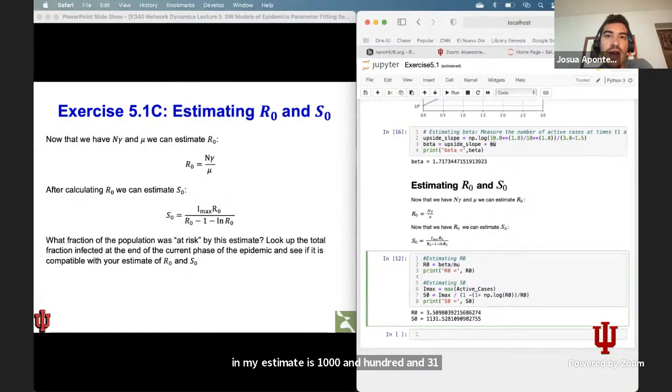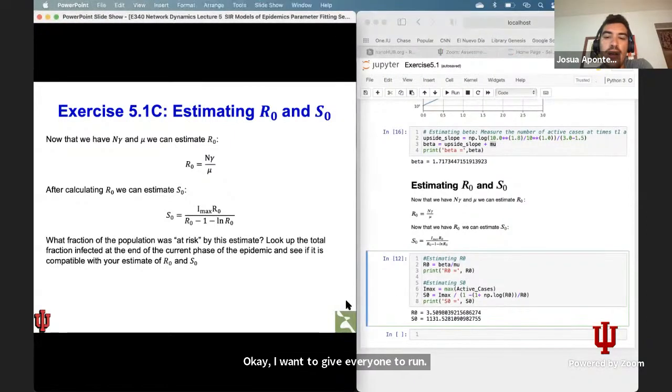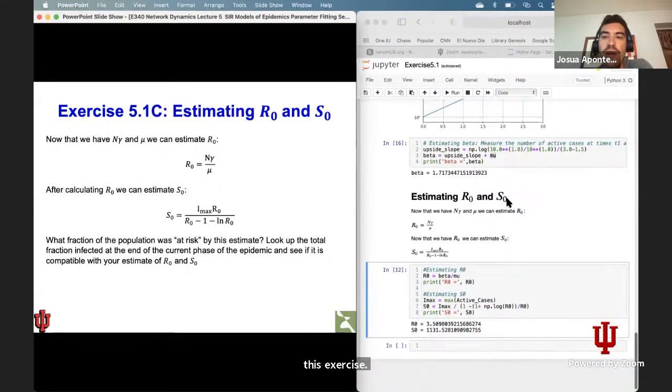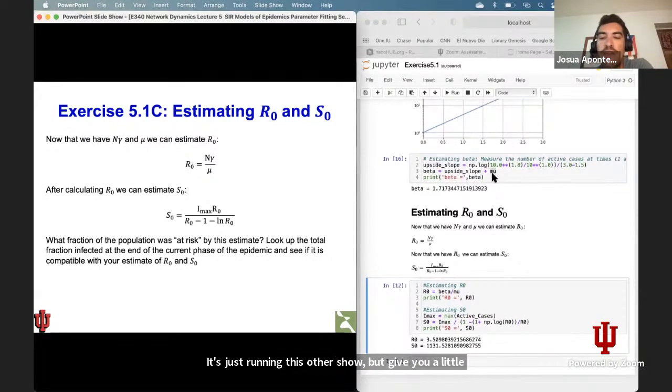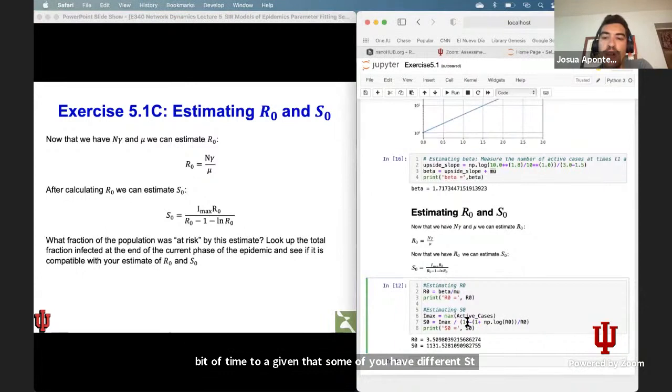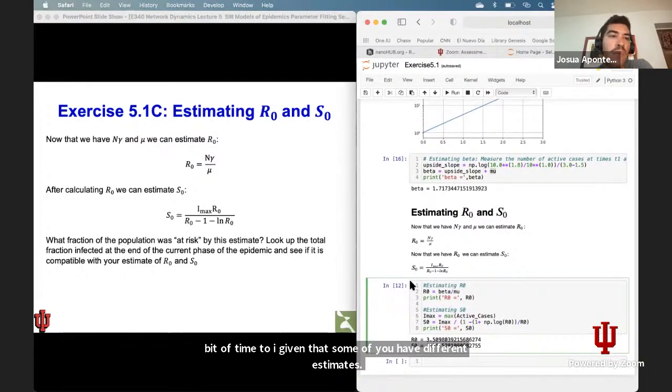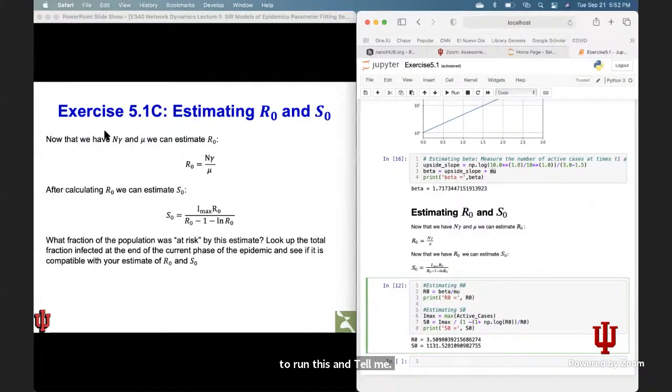Okay, I want to give everyone a little bit of time to run this exercise. It's just running this additional step, given that some of you have different estimates, to run this and tell me, given the values that you were getting in the previous parts, what your new values of R naught and S naught are.